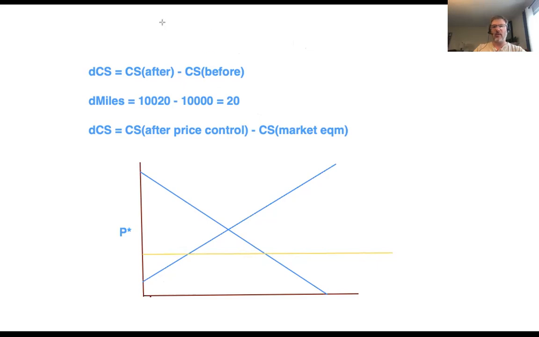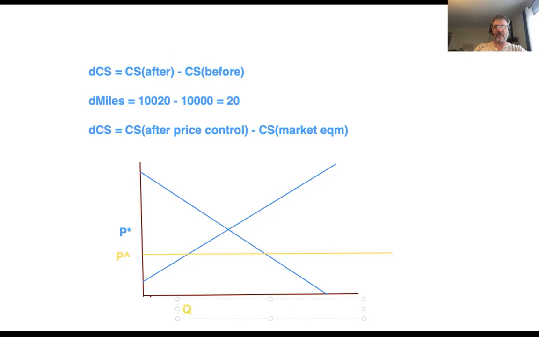And then I just want to point one other thing out to finish answering your question: if this is the binding price ceiling price, then sellers will only want to sell that much, the quantity where it intersects with the supply, right?